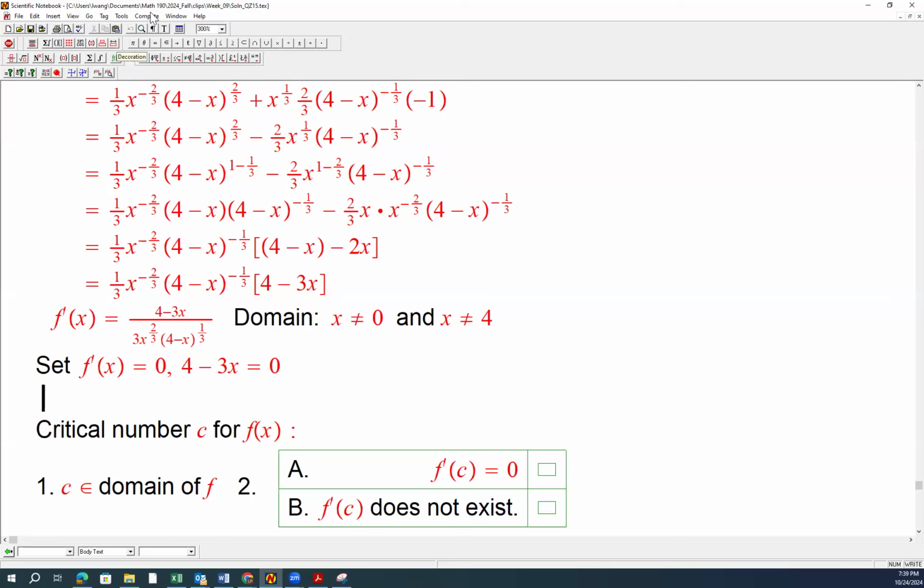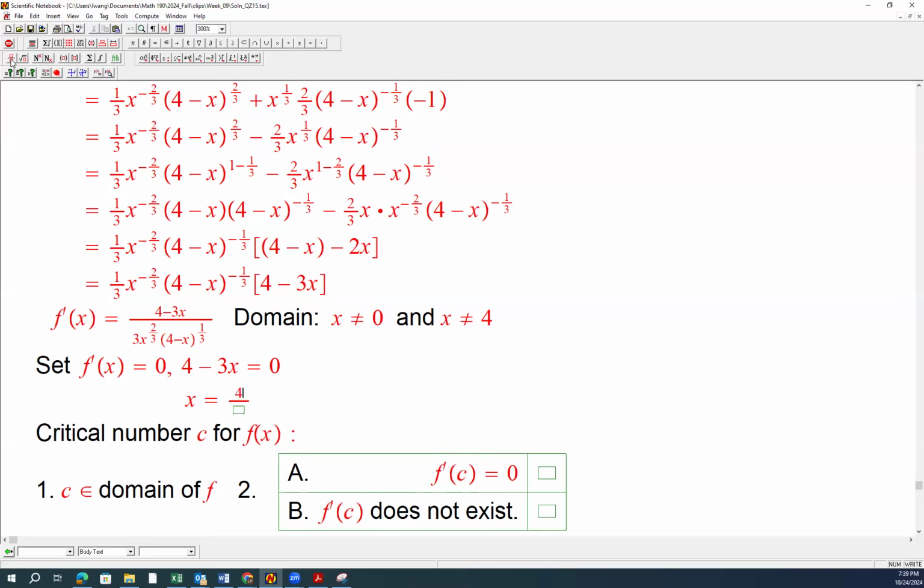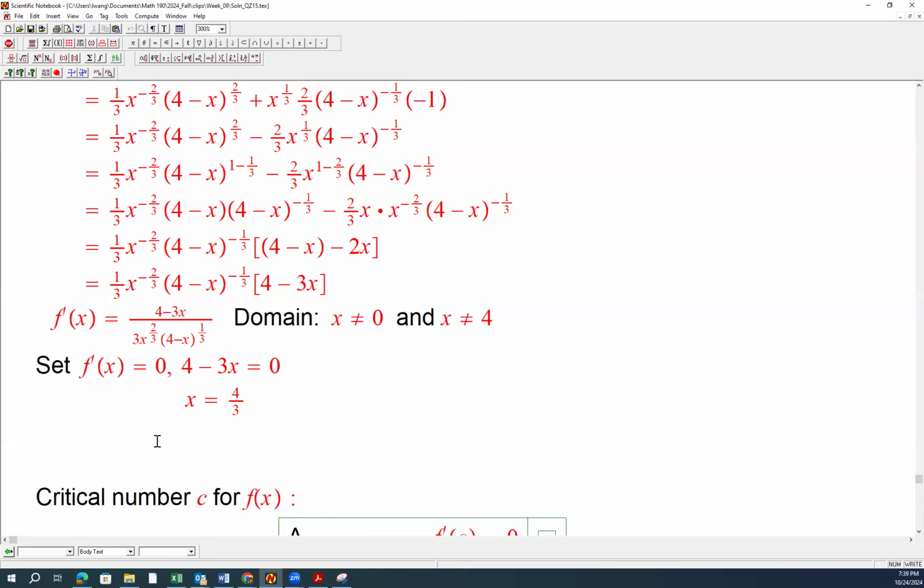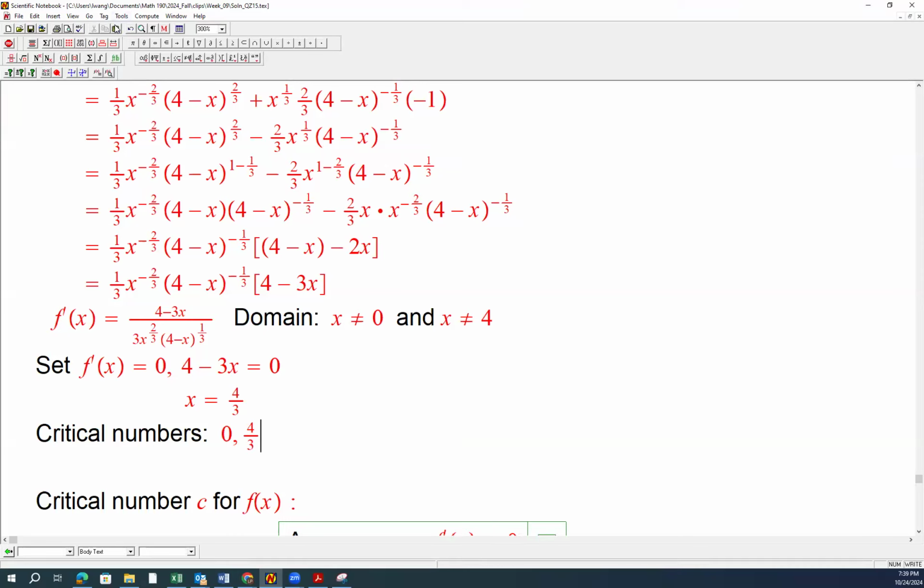This will lead to another critical number, which is x equals 4 over 3. So in the end, we got three critical numbers, which are 0, 4 over 3, and the last one, 4.